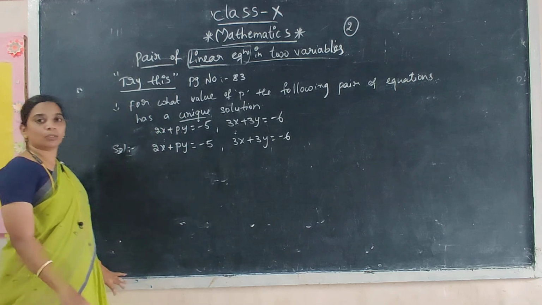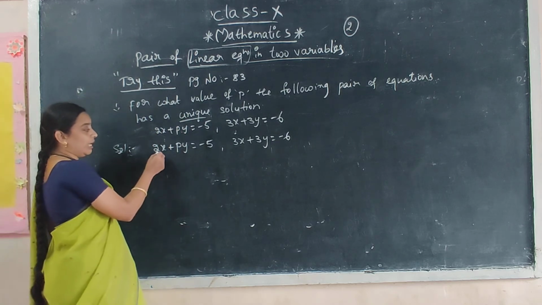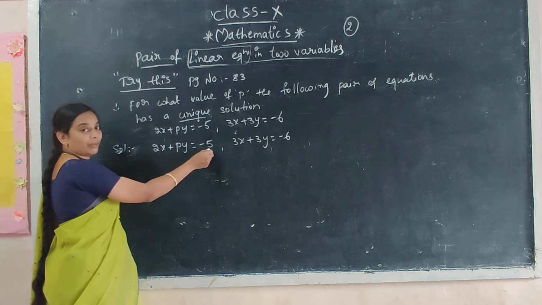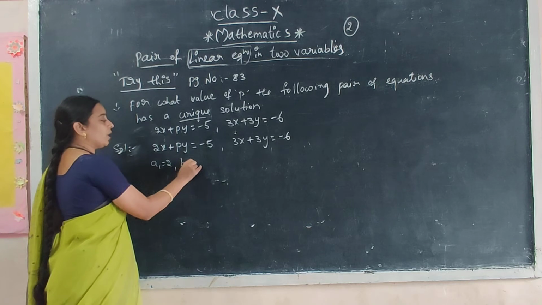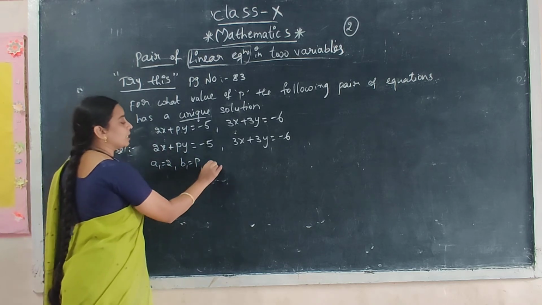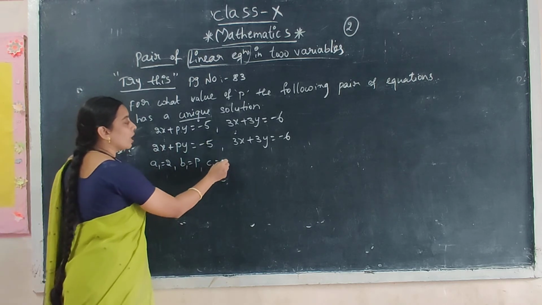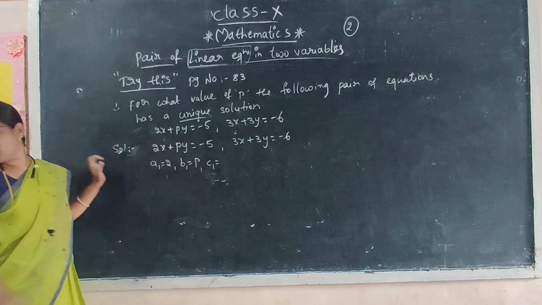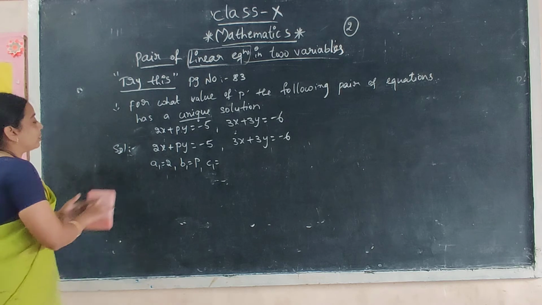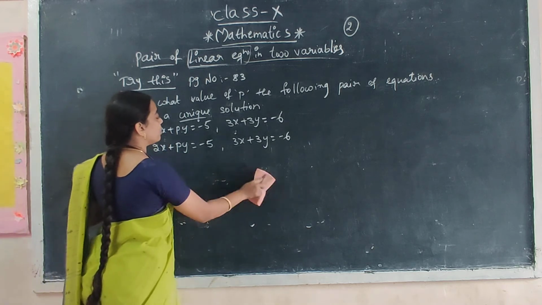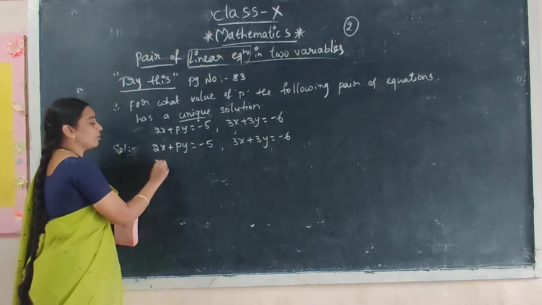Comparing with the general equation, just write the values. A1x plus B1y plus C1, no? So the A1 value is 2, the B1 value is P, and the C1 value is minus 5. Otherwise, the general form is Ax plus By plus C is equal to 0, no? So these equations can also be changed into general form, no problem.